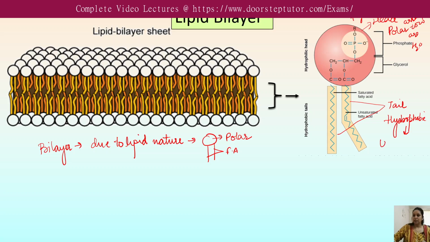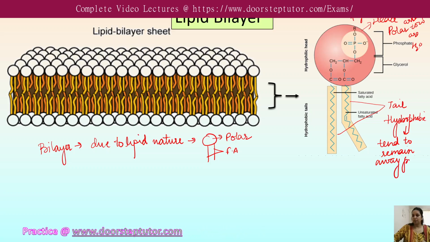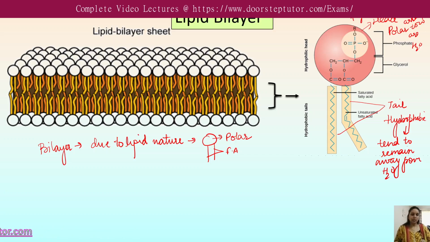They tend to remain away from water. So why is the lipid membrane in the plasma membrane structure a bilayer, why not a monomer?